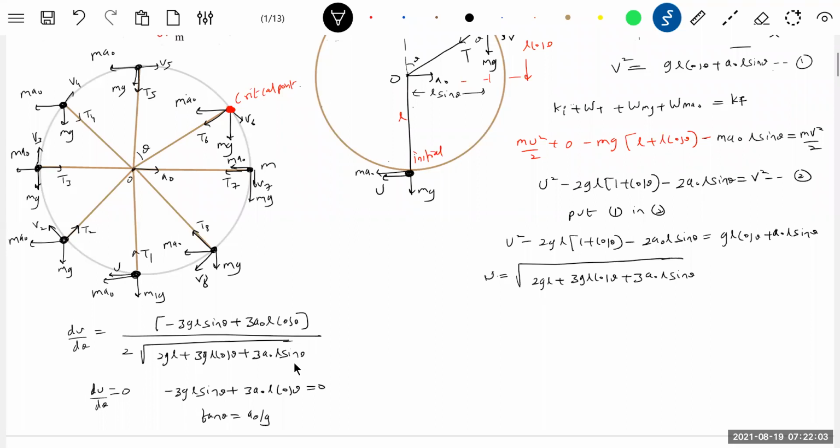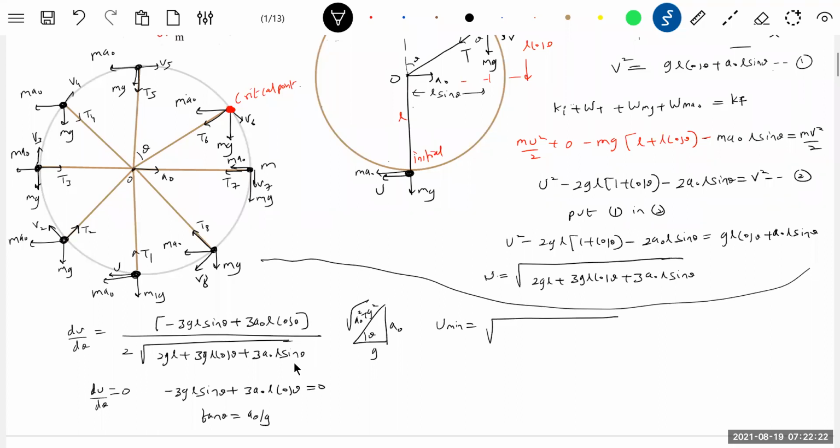Now sine theta and cos theta will be defined, because I have to substitute that, no? So this is a naught, this is g. That u minimum now will be given by cos theta equal to g by root of a naught square plus g square, sine theta equal to a naught by root of a naught square plus g square.